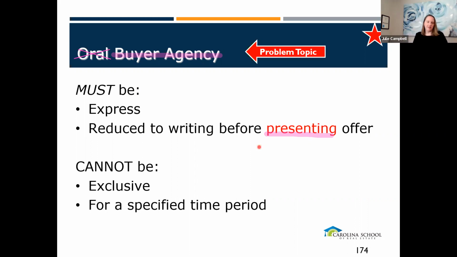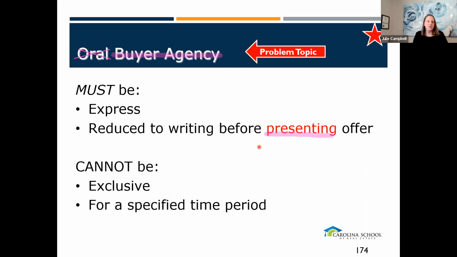The other caveat, in an oral buyer agency agreement, we cannot bind the buyer for a specific period of time. In an oral agreement, I can't say you're going to work with me for a week or a month or a year. If we're going to attempt to bind, then we have got to put this in writing.